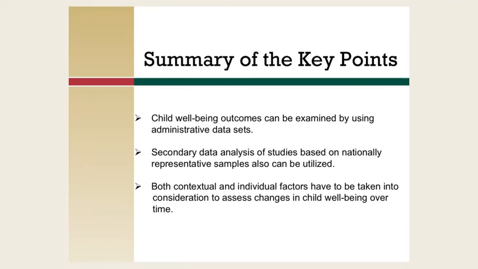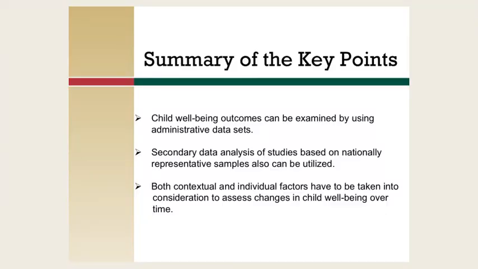So in summary, one of my take-home messages for you is that without doing primary data collection, it is possible to look at child well-being outcomes using administrative data sets. And you can also do secondary data analysis of studies that have been done nationally with nationally representative samples.